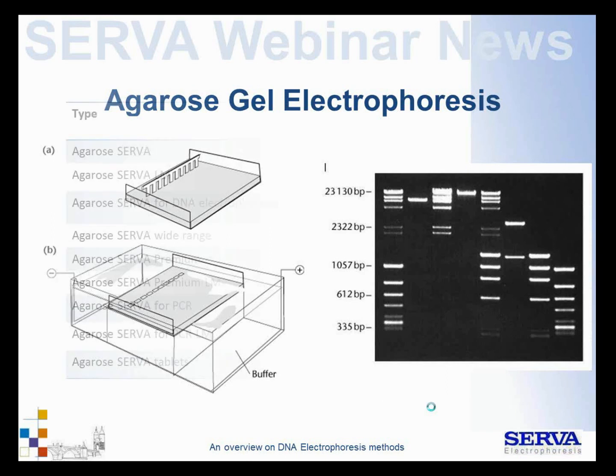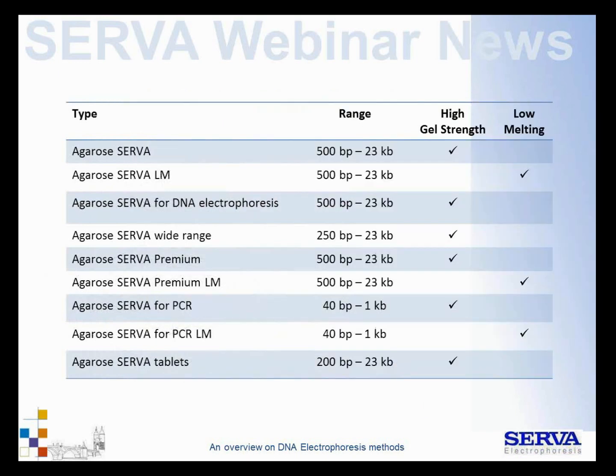I already said that there are different types of agarose gels. So here I show you a selection of the agarose gels that SERVA is offering, quite many different. Low melting is sometimes needed for special applications. I will show you. The best is to choose the agarose according to your needs.